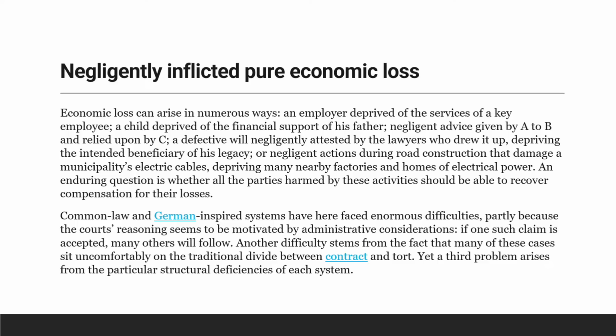If one such claim is accepted, many others will follow. Another difficulty stems from the fact that many of these cases sit uncomfortably on the traditional divide between contract and tort. Yet a third problem arises from the particular structural deficiencies of each system.